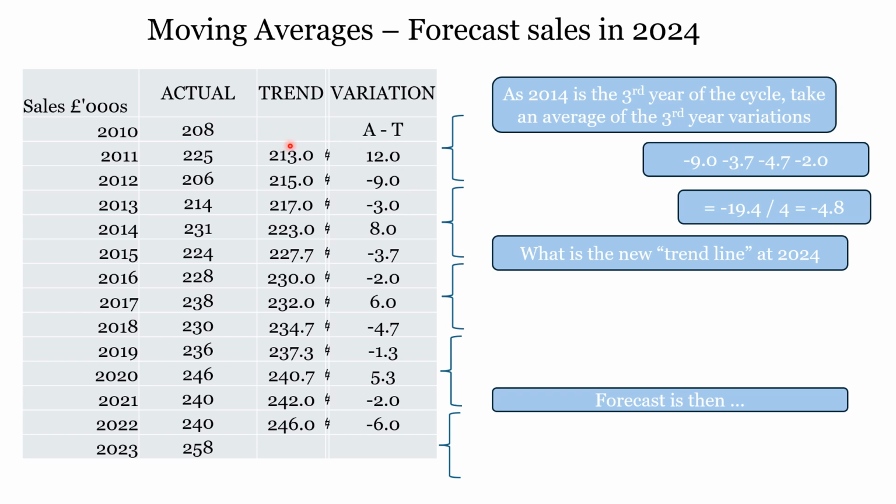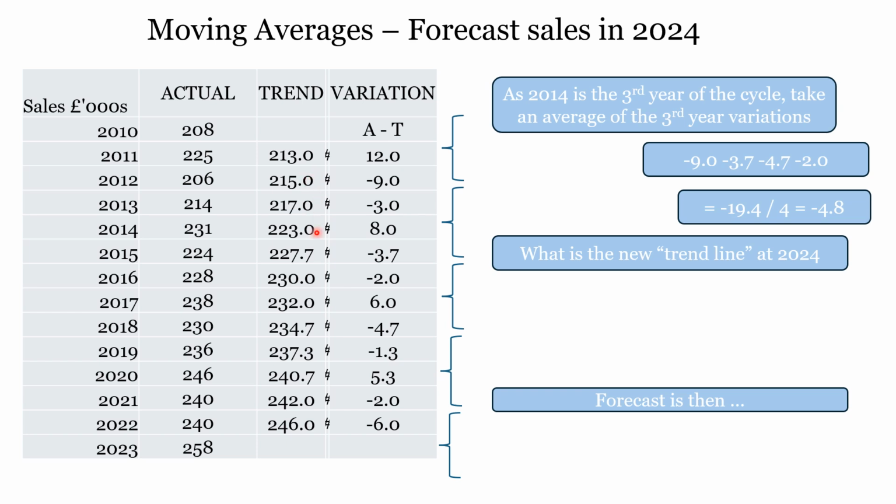So what is the new trend line? Now you can do it by eye. So if you have the graph, you can do it by eye. But another way is to say, this is what I want you to do, tell me, what do you think the trend is going to be if it's moved from 213 up to 246 in how many jumps?